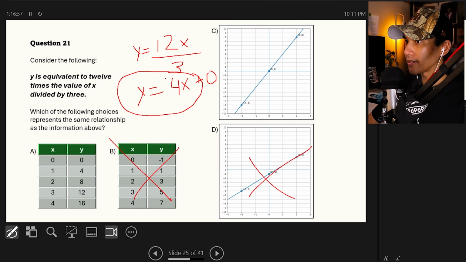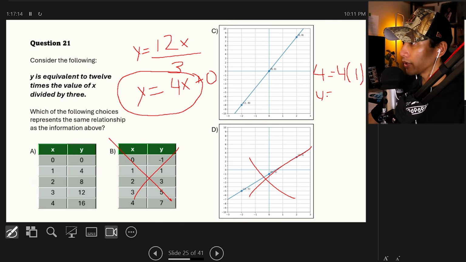So A and C. We could just do exactly what we did last time, which was we just plug all the numbers in. So let's try the next number on this table. 4 equals 4 times 1, 4 equaling 4. That checks out. And then we could do 8 equals 4 times 2, 8 equaling 8.